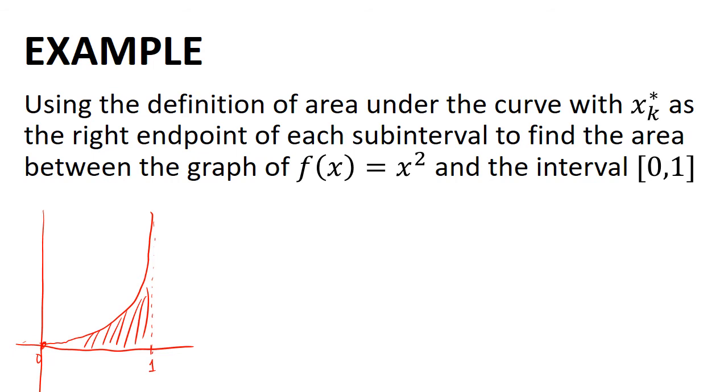Ang gagamitin natin is, of course, the definition of area under the curve. Ano po yung formula natin? Area is equal to the limit of summation ng f of x star k delta x from k equals 1 to n, as n approaches positive infinity.